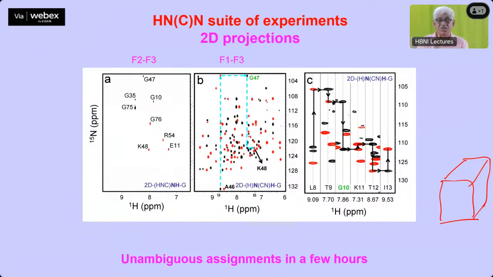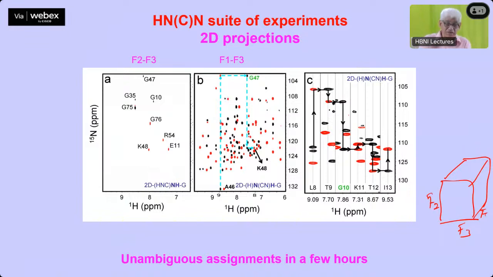You can take projections along whichever axis you want. If you take a projection down the F1 axis, where this is F1, this is F3 and this is F2, you get the F2, F3 projection. You project everything onto that one axis and you get an F2, F3 plane.